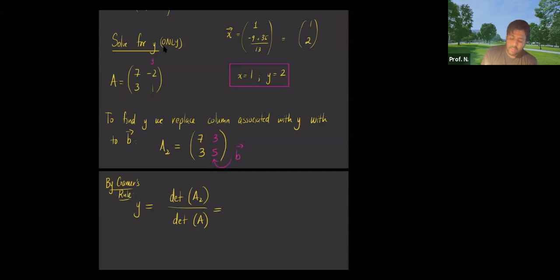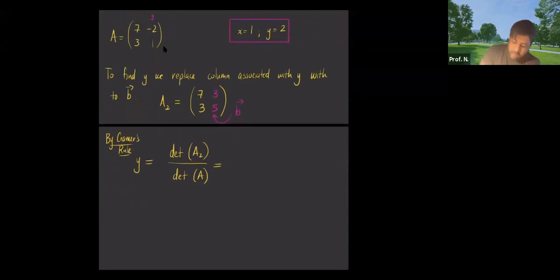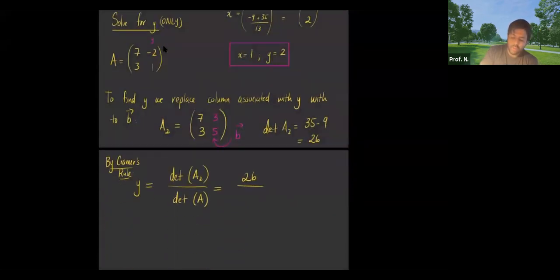So let's see what that is. What is the determinant of A2? It's 35 minus 9, which is 26. And the determinant of A, we already solved for that, it's 13. So do you see? This equals 2.